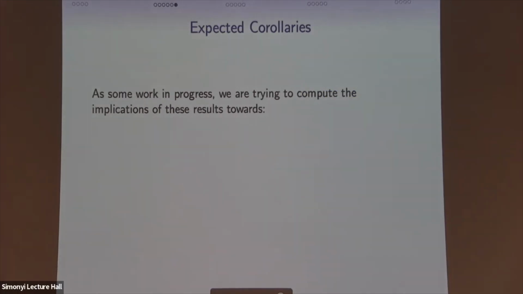So finally, this is the work in progress that's delaying us posting it. We're trying to compute the implications of this result for a lot of expected corollaries. For those familiar with the Shin-Templier work, because we inputted that work at the bottom and were able to preserve their error term, we're expecting to get the same kind of corollaries that they got. So we should get some kind of Sato-Tate equidistribution in families.